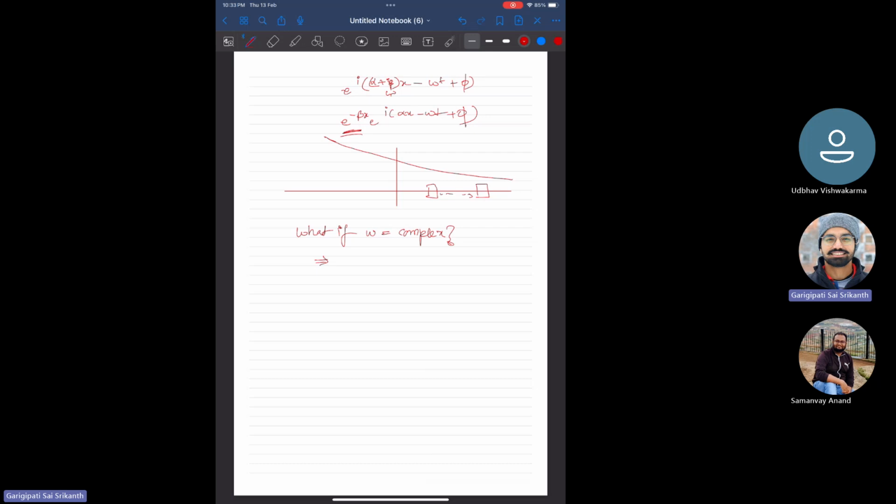Attenuation, I think it was covered in an earlier module. Similarly, if omega is complex, then the imaginary part of omega will make it attenuate in time.